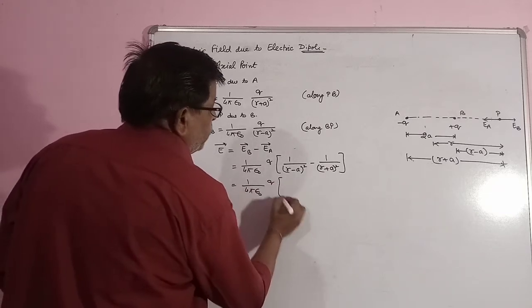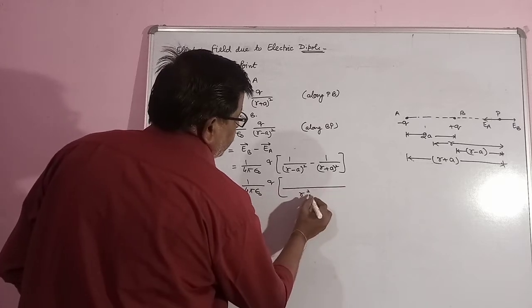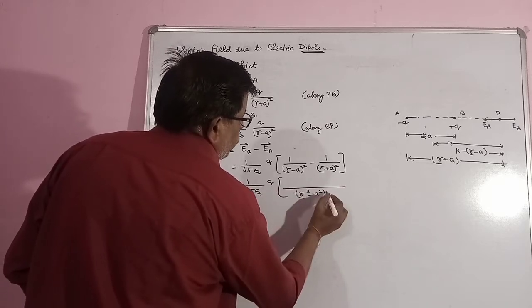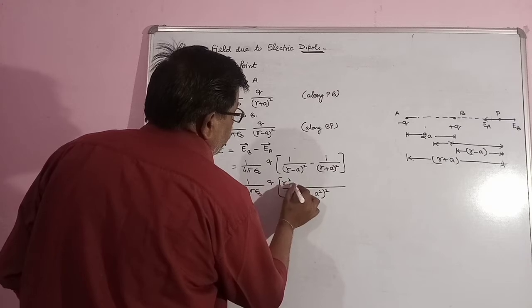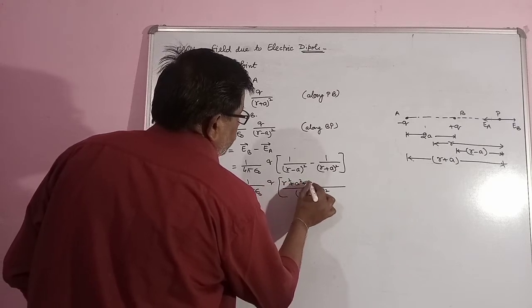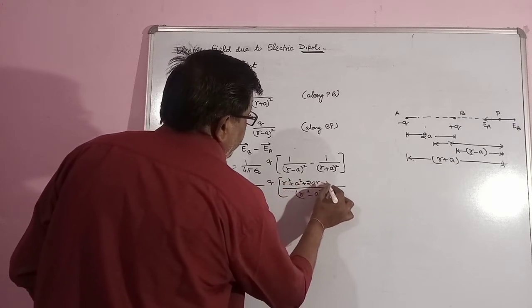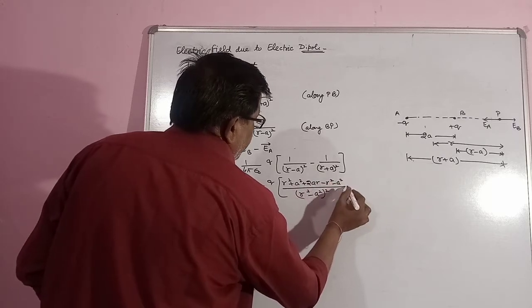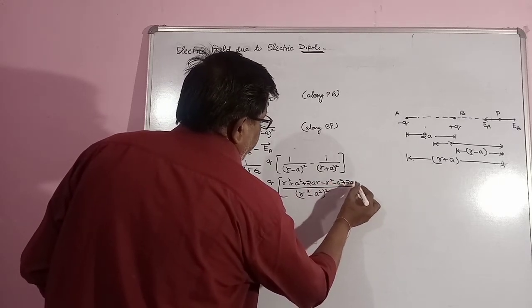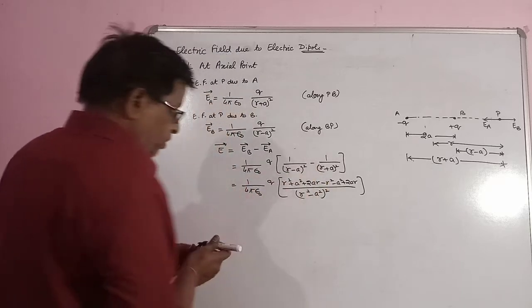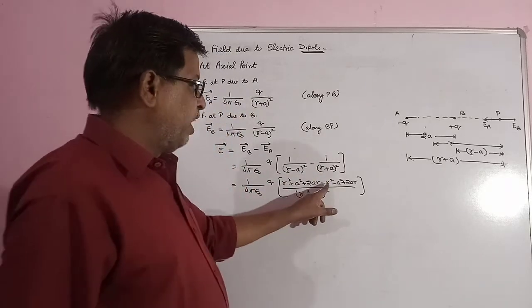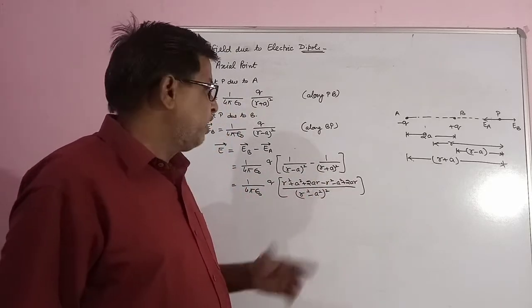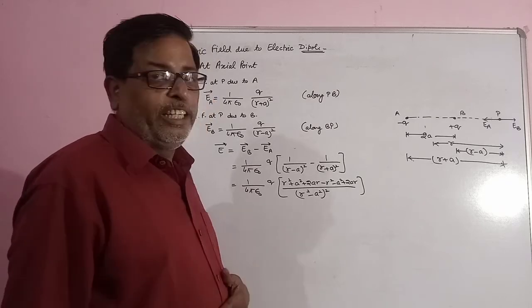This is q over (r square minus a square) whole square, times (r square plus a square plus 2ar) minus (r square plus a square minus 2ar). Here is a minus sign, so r square and a square cancel.